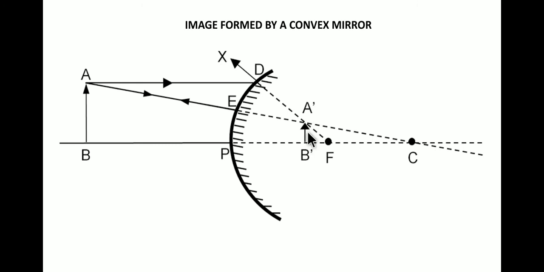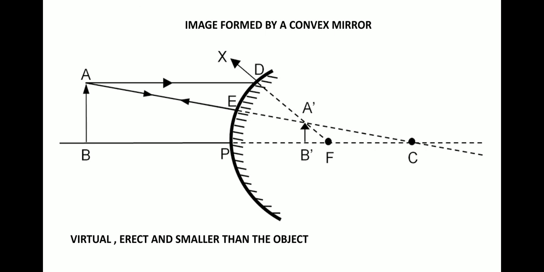Looking at the size of the image, it looks like the image is smaller than the object and it is inside the mirror, so it is virtual, and it is erect, meaning it is not upside down. So the image will be inside the mirror, therefore it is virtual, erect and much smaller than the object. This property of image formation is used in rear view mirrors in cars so that we can see properly how many cars are approaching from the back.